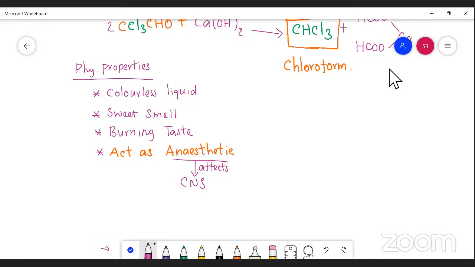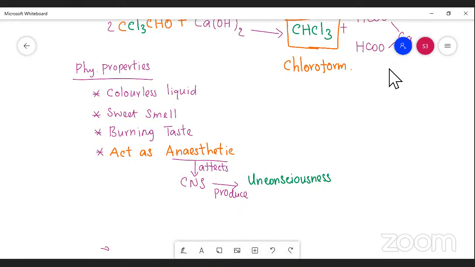And it will produce unconsciousness. So an anesthetic is one which affects the central nervous system and produces unconsciousness, so that it may act as an anesthetic.